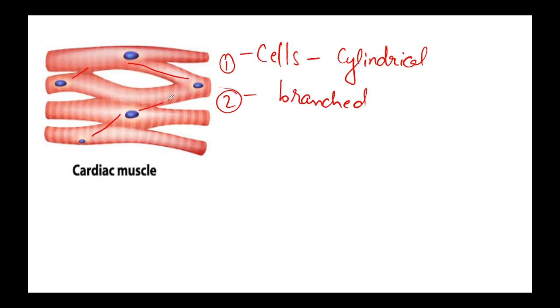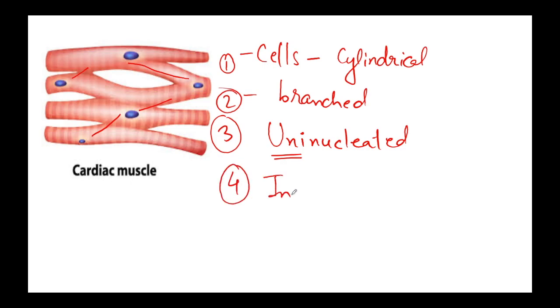So branches are present, right? Number 3 characteristic feature, it is uninucleated. What do you mean by this term uninucleated? Uni means single. We have already discussed this term in unstriated muscle. So uninucleated means one nucleus is present per cell.